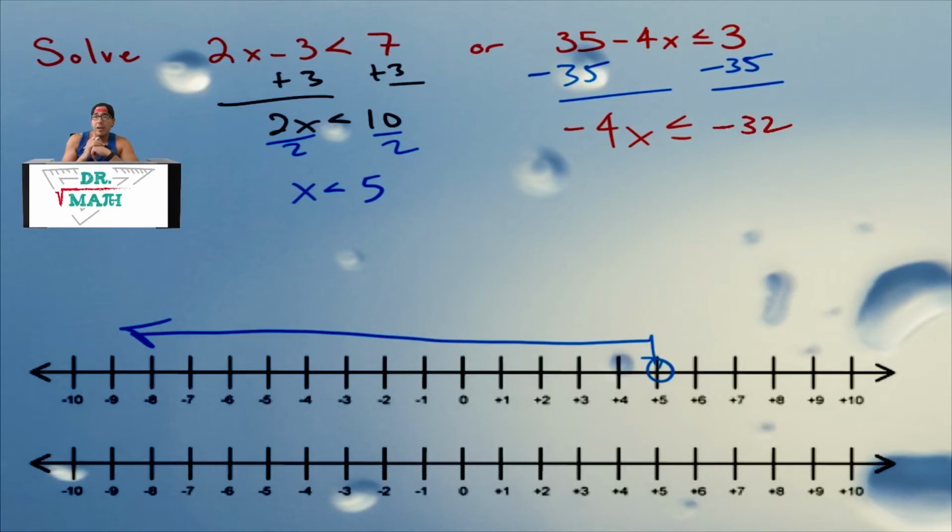So we're going to go ahead and divide by -4 because we're trying to isolate that x. And notice, make a note of this, when you divide by a negative, you have to change that inequality. So now instead of saying less than or equal to, now it's more than or equal to. So make a note, when you divide by a negative, this inequality changes its sign.